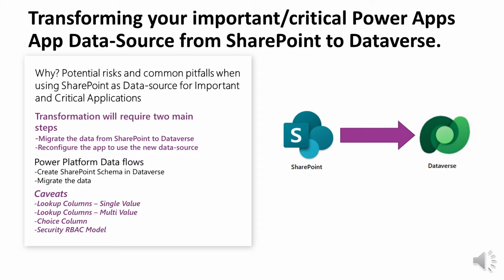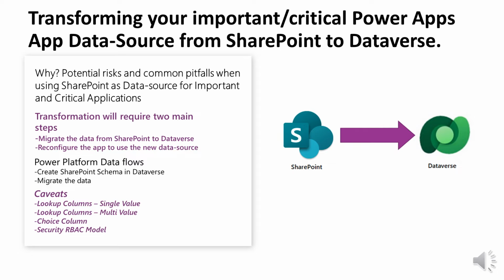In this video, we'll also cover the most common caveats. We'll look at a scenario that includes handling lookup columns that have a single value, which would require creating a one-to-many relationship in Dataverse, and lookup columns containing multiple values, which is one of the ways that you could fake having a many-to-many relationship in SharePoint.